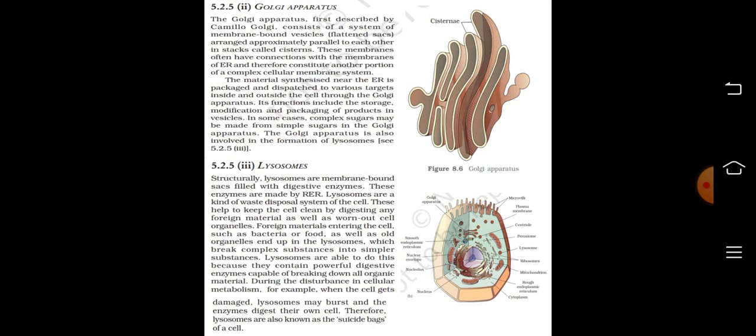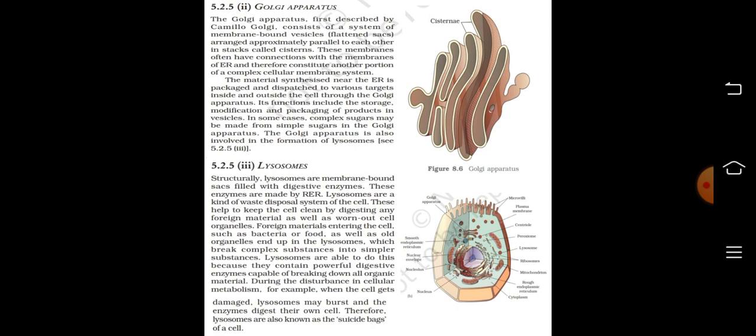Third organelle is lysosomes. Structurally, lysosomes are membrane bound sacs filled with digestive enzymes. These enzymes are made by rough endoplasmic reticulum. Lysosomes are a kind of waste disposal system of the cell. These help to keep the cell clean by digesting any foreign material as well as worn out cell organelles.